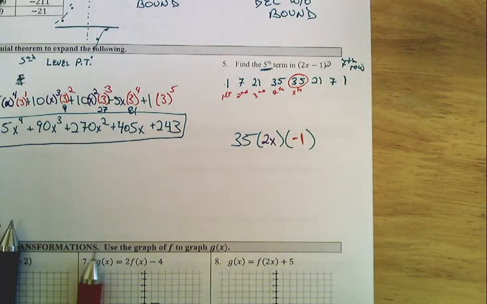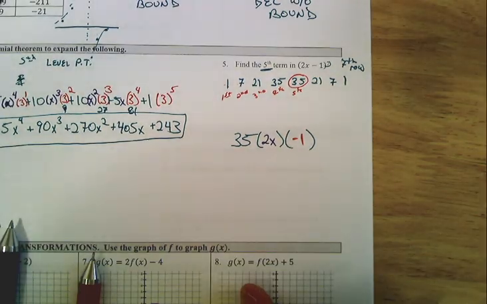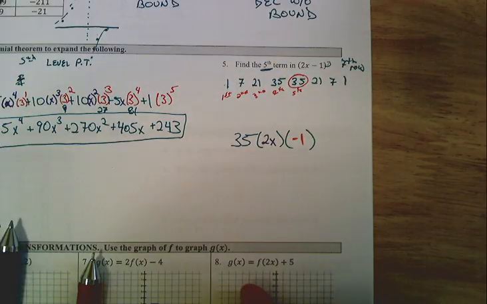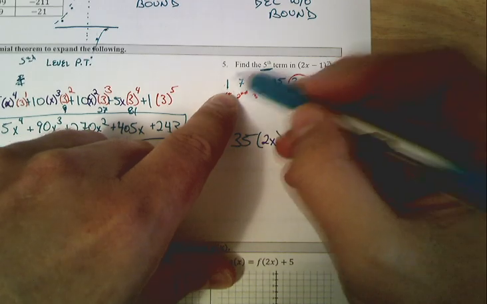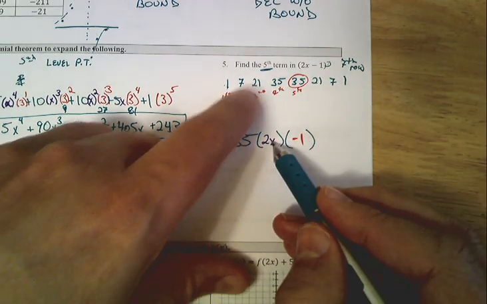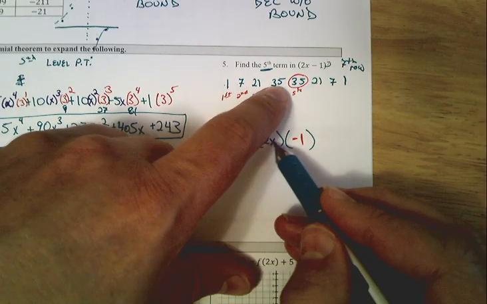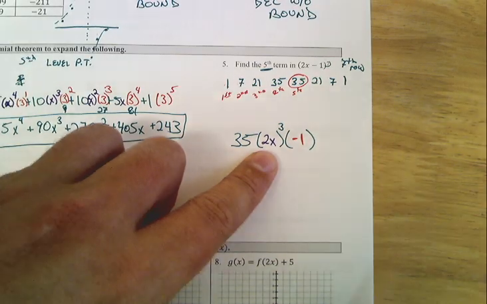Okay. So now I need to figure out what my exponents are going to be. Now the exponents are going to add to 7. So let's figure out what this first one is. So the first term, this would be x. This would be this first one to the 7th, to the 6th, to the 5th, to the 4th, to the 3rd. So this should be 2x to the 3rd.